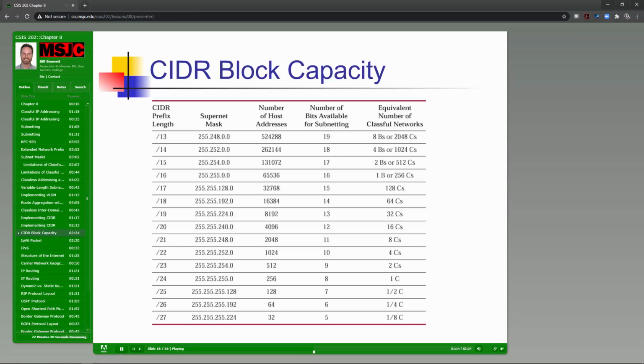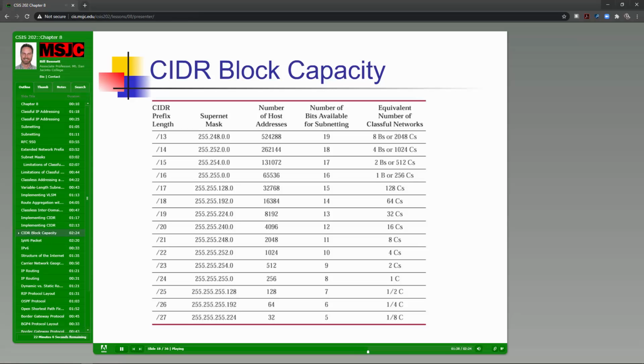What is left over is 5 more bits. If we translate 5 ones followed by 3 zeros, remember each octet is 8 bits, that would be the value 248. So the mask would be 255.248.0.0, that your company would use on your edge router.